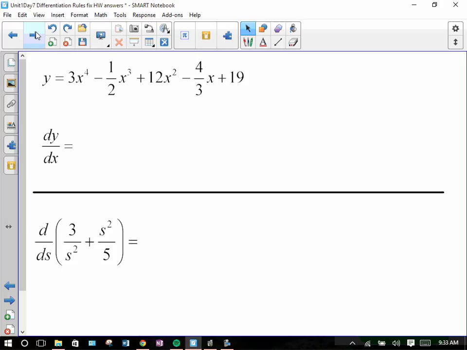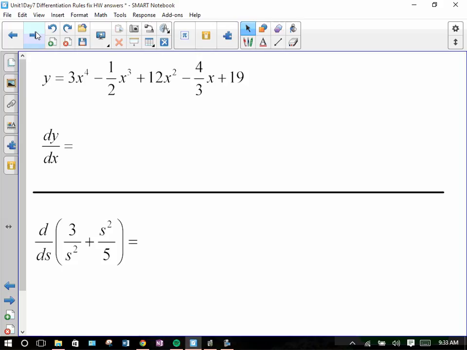So y equals 3x to the 4th minus 1/2 x to the 3rd power plus 12x squared minus 4/3 x plus 19. Now, it may look complicated just because it's a big long function.